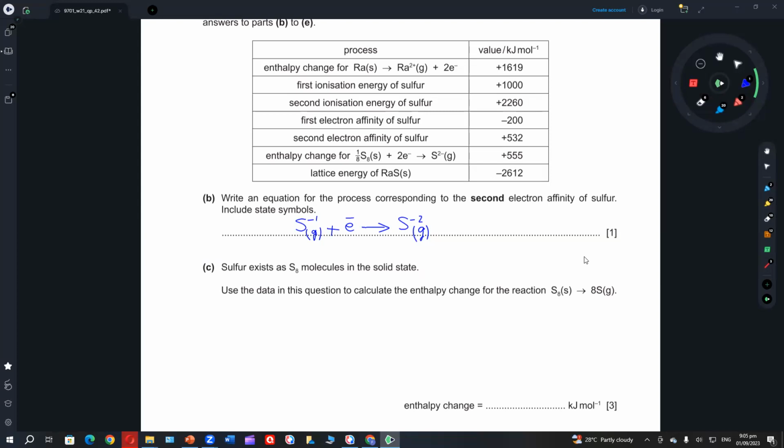Sulfur exists as S8 molecules. Use the data in this question to calculate the enthalpy change for the reaction S8 sulfur to 8S. Apparently, this reaction should be matching with any of the reactions above, but do you think it's matching with this balancing?